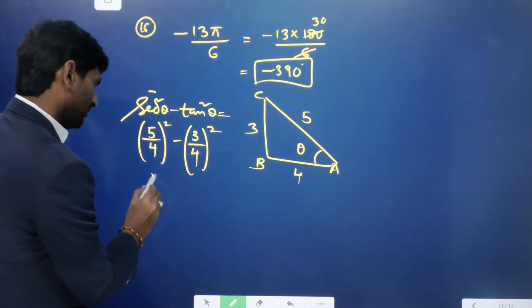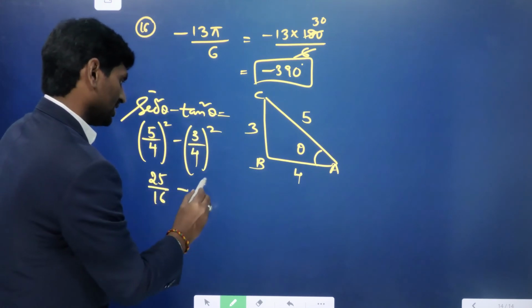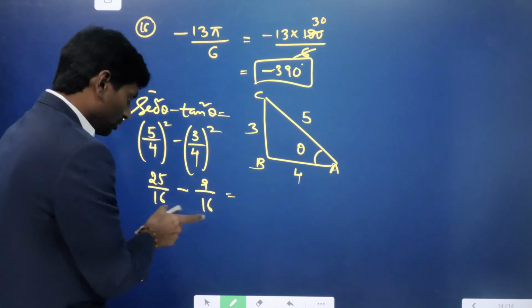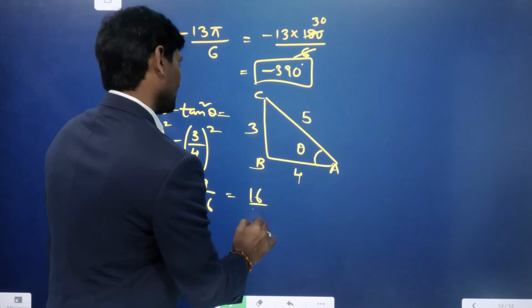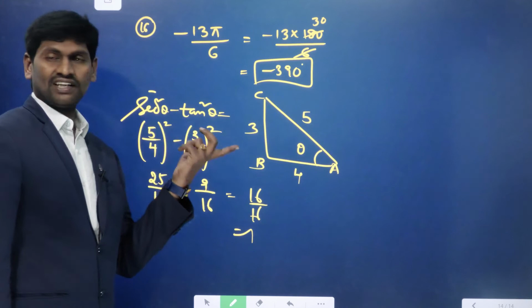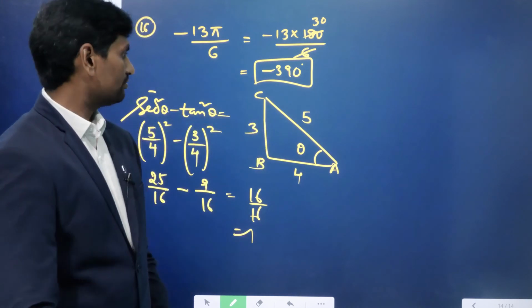Now 5 square value is 25 by 4 square value 16. This is also 3 square value 9 by 16. So 25 minus 9, because denominators are the same, like terms, we can directly subtract numerators. So 16 by 16 is 1. Okay, this is one of the trigonometric identities.